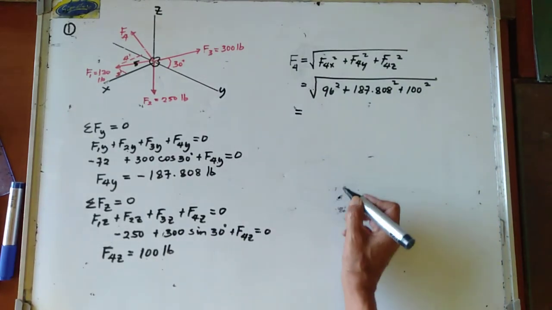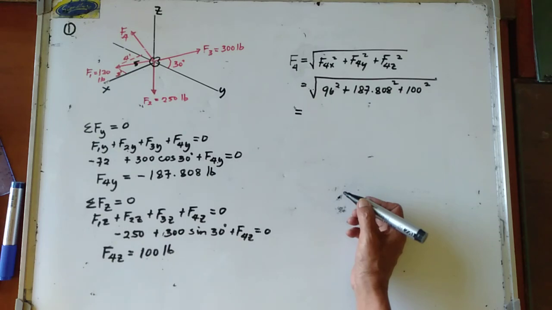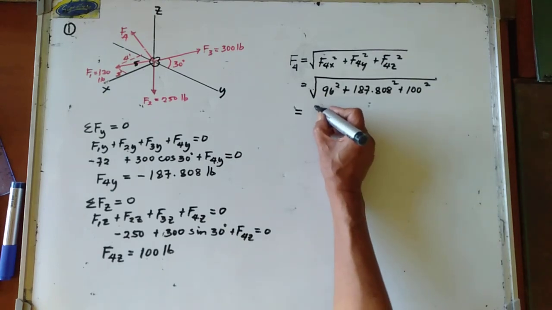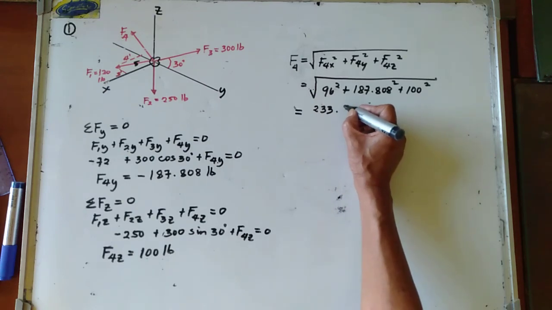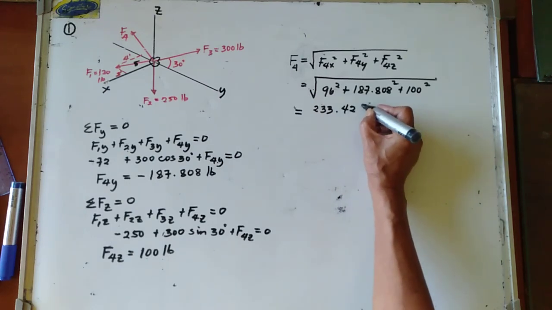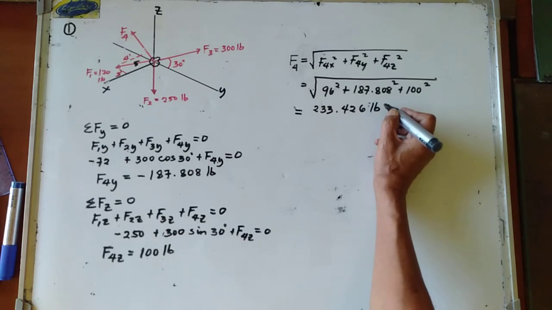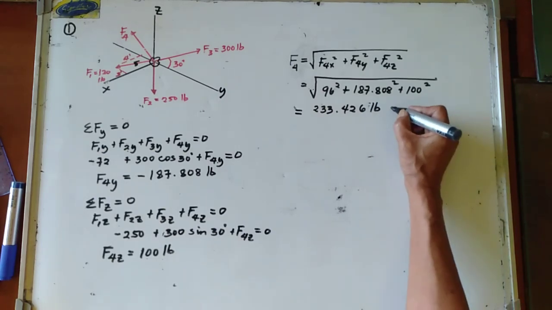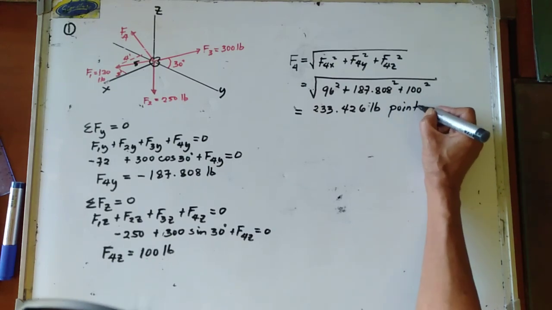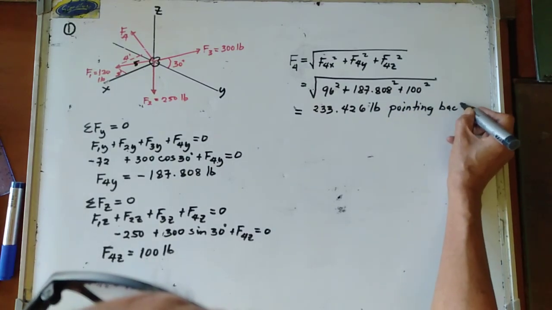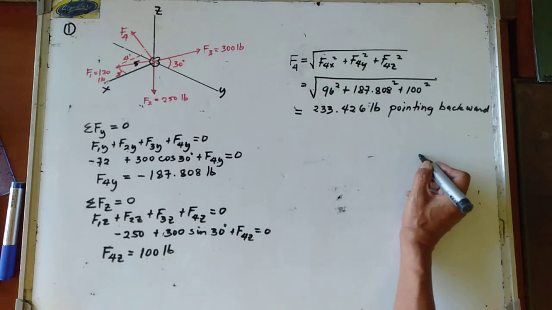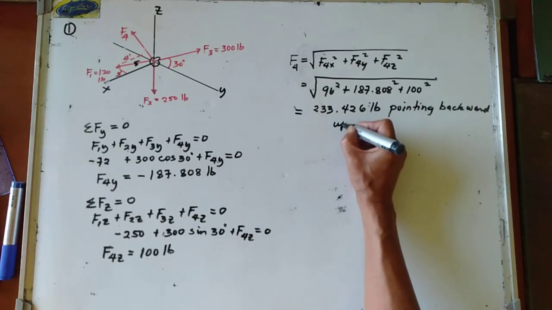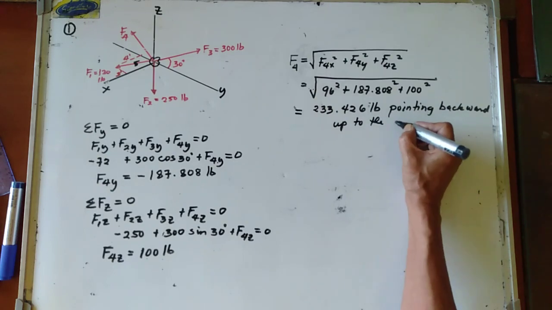So the magnitude of F4 is equal to 233.426 pounds. So this is pointing backward, up to the left.